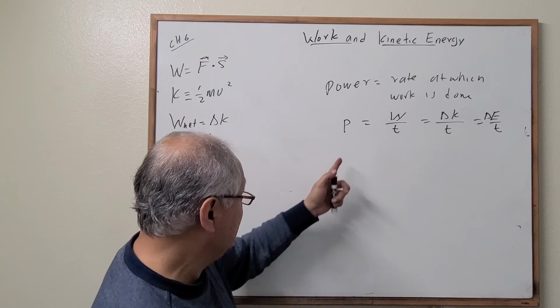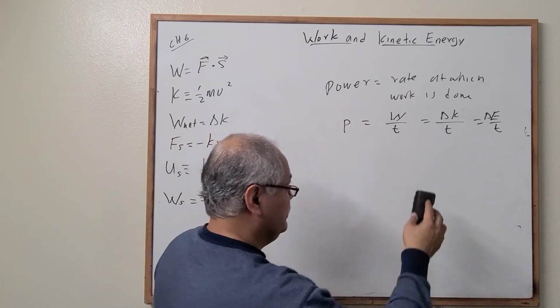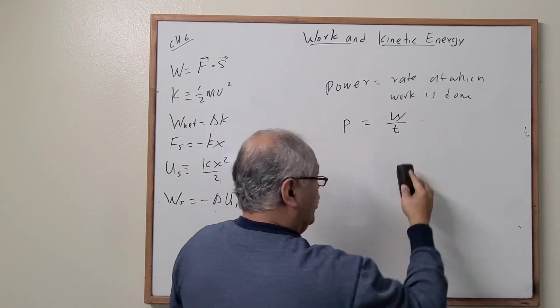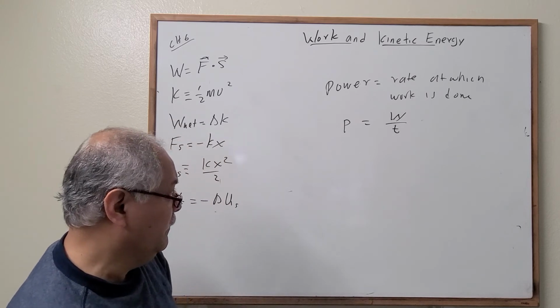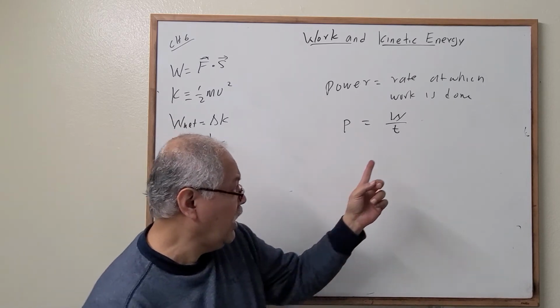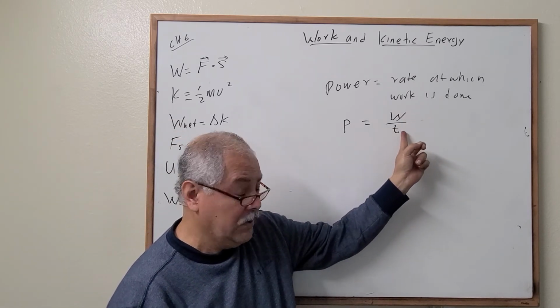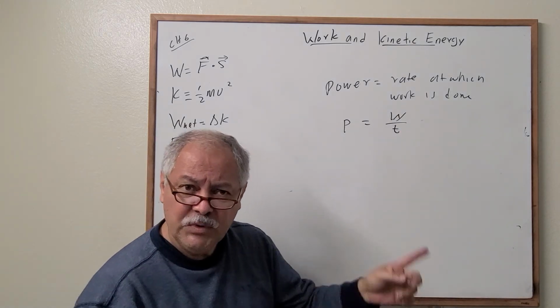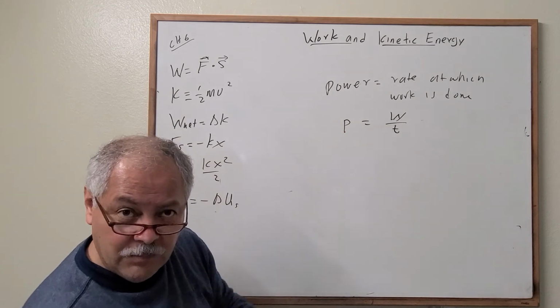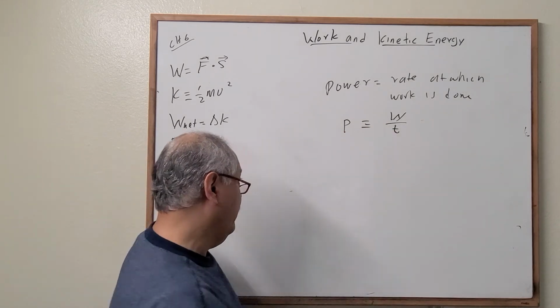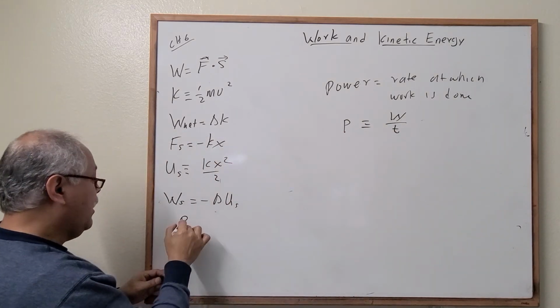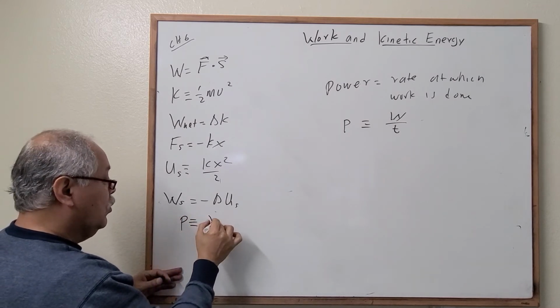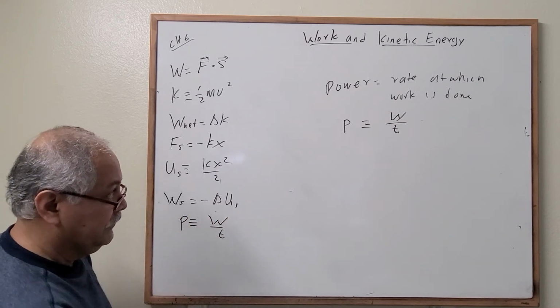Perfect. But let's go to this definition, work divided by the time. Also, look, we have a quantity divided by another quantity. We create a new quantity, so we have to define it. We define it as power. So power is defined as work divided by the time.